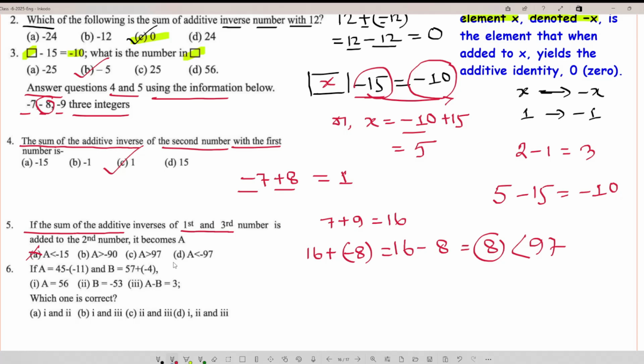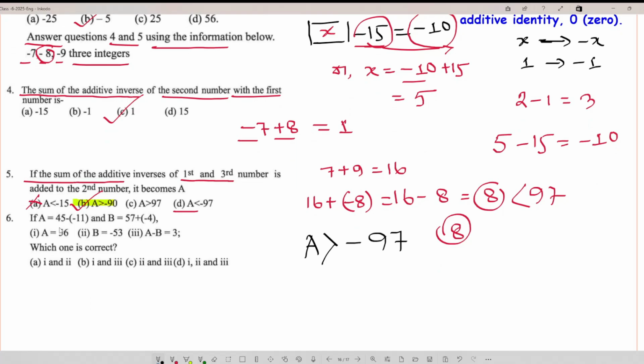But number D, A less than minus 97, is impossible. 8 is positive and it should be greater than any minus number. It means number B. So suppose 8 is A, it means A greater than minus 97.